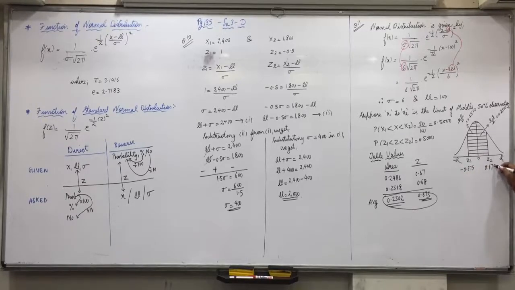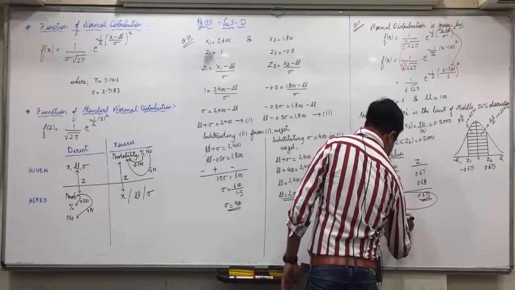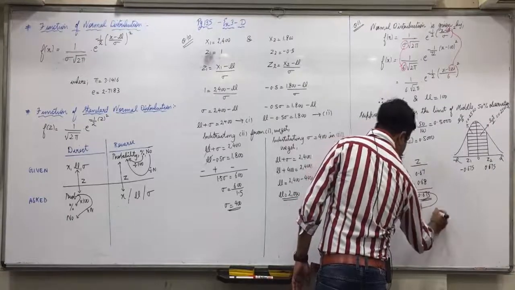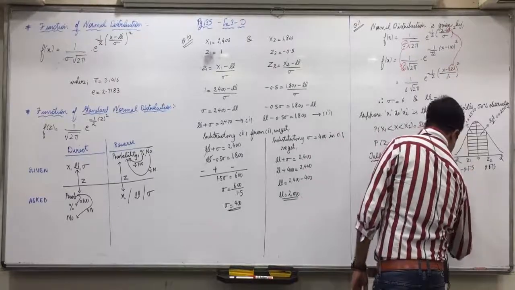And z2 is 0.675, because it's on the right side, it is positive. So write down z1 and z2.